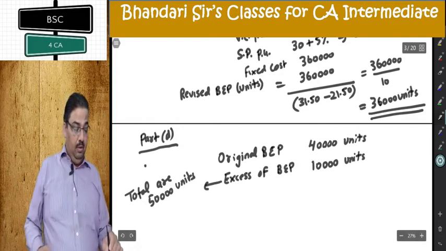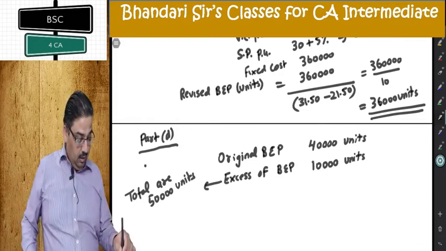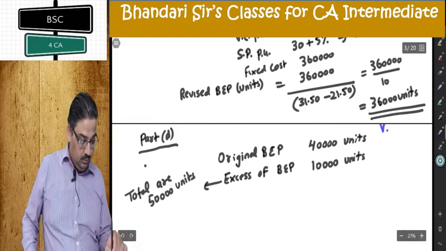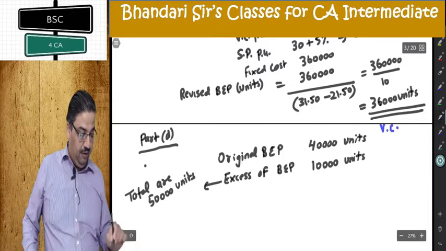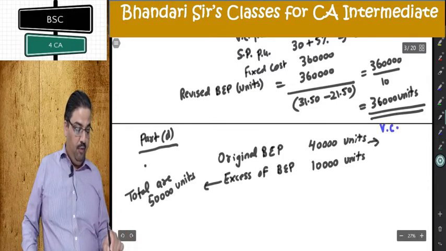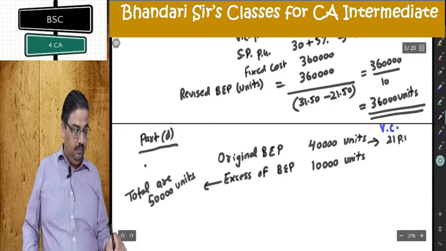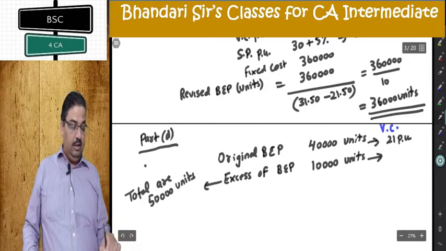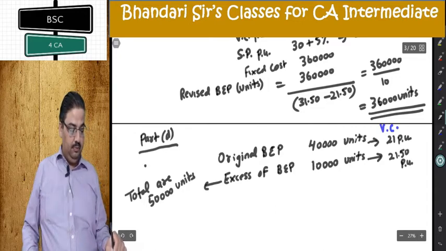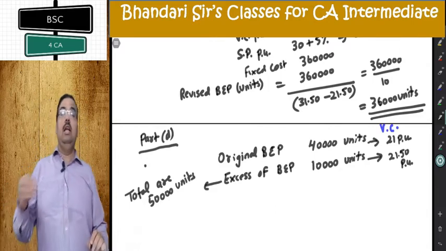Now it is simple. My variable cost is different at both levels. For first 40,000 units, it is 21 per unit. For next 10,000 units, it is 21.50 per unit. So I need to make income statement for this.